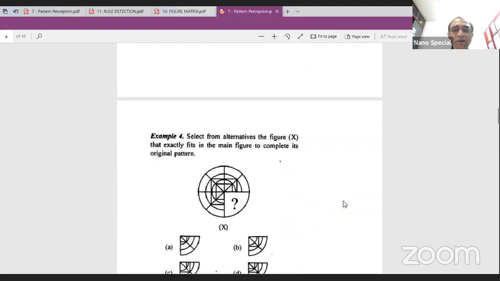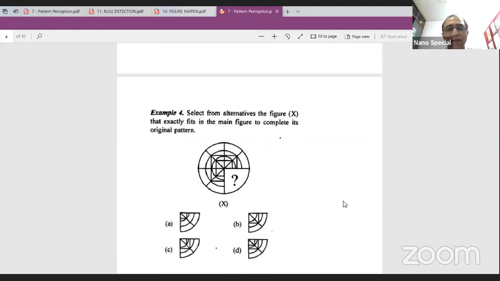Now this is again another simple one. Let's try to answer this question. Fourth one, please try. Shreya has answered. Zaima has answered.